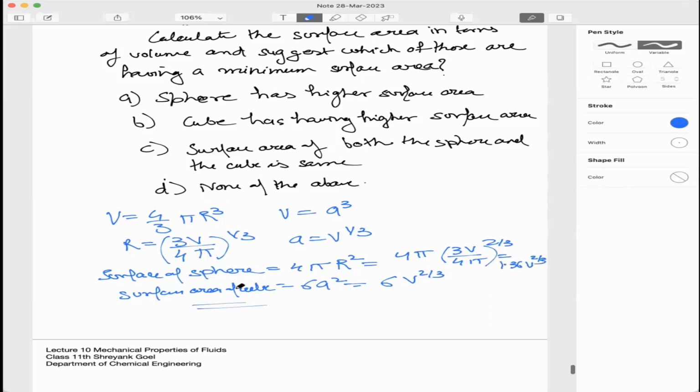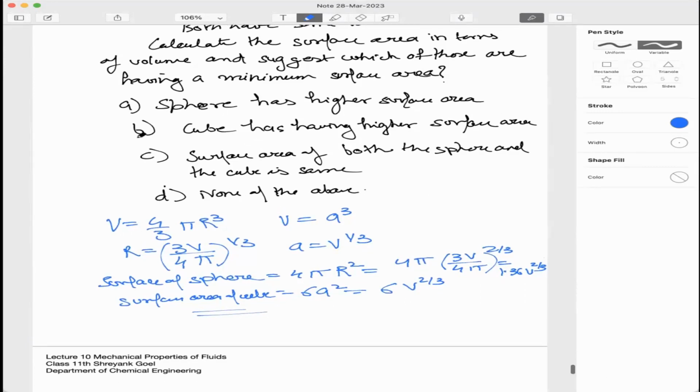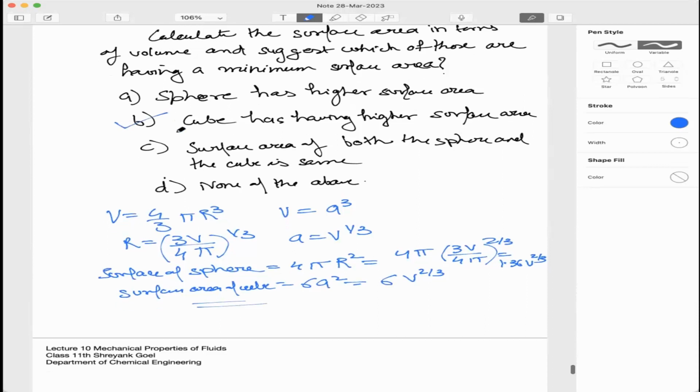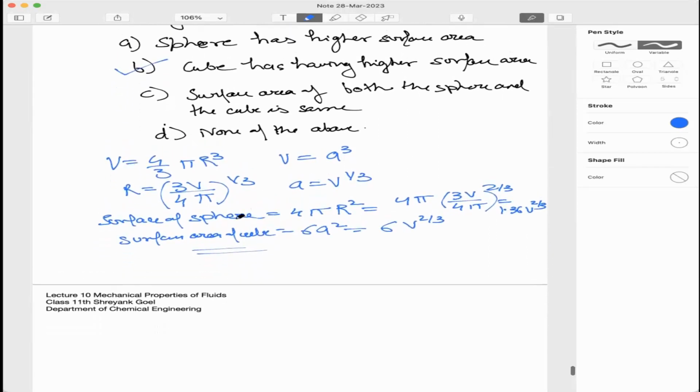So from here we can prove that a cube has a higher surface area, and from this we can say that the sphere has the minimum surface area.